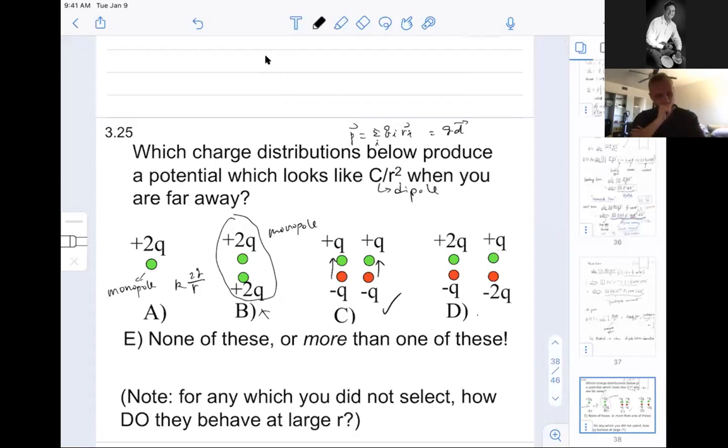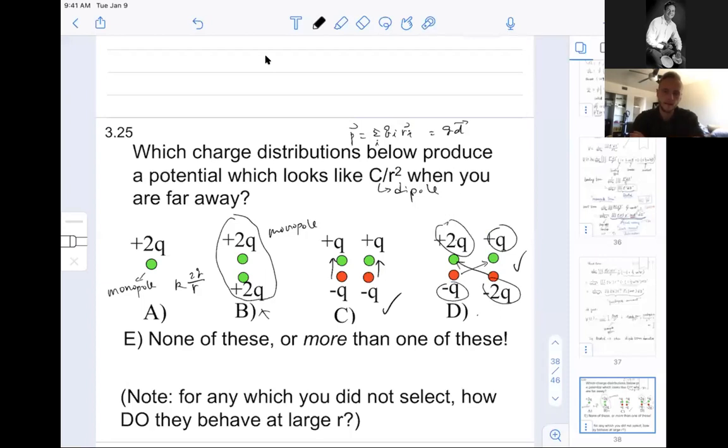I could choose well-defined pairs where you have a positive and a negative: positive 2Q and negative 2Q. I can look at this pair that gives me a dipole moment pointing this way, and the other pair that gives me a dipole moment pointing this way. Overall, they will add up somewhat diagonally, but maybe not exactly in the middle because one of the dipole moments is a little bigger with 2Qs. But overall, I will have an overall dipole moment, and that will give me the potential 1 over r squared from far away. Very good.